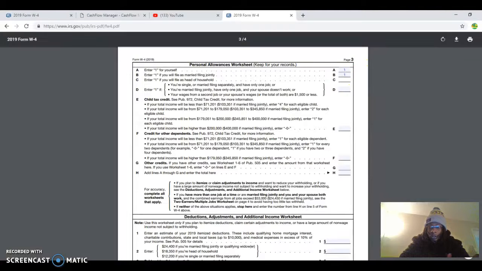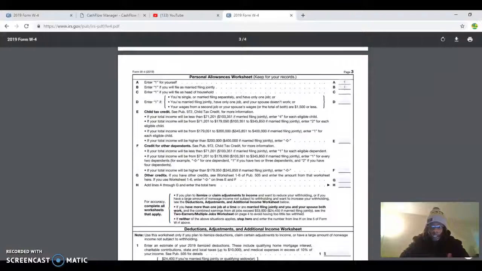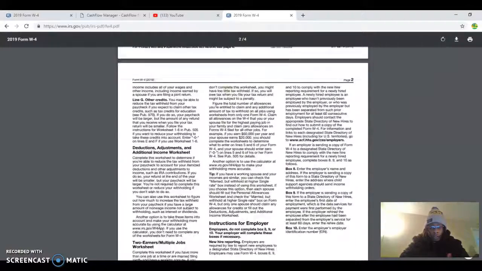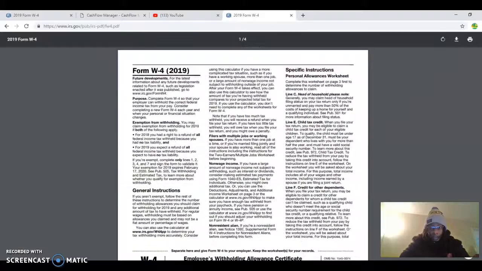Now, before you do that, I want you to scroll back up to the instructions. I'm doing it for you. You have to find out what is head of household. Line C. Generally, you may claim head of household filing status on your tax return only if you're unmarried and pay more than 50% of the cost of keeping up a home for yourself and qualifying individuals.